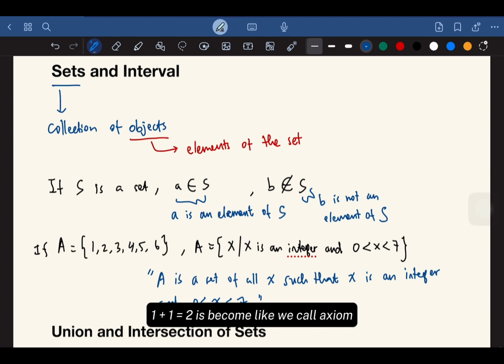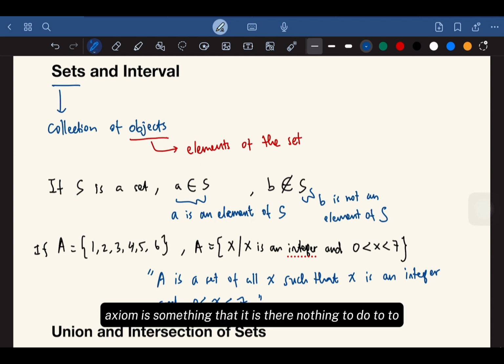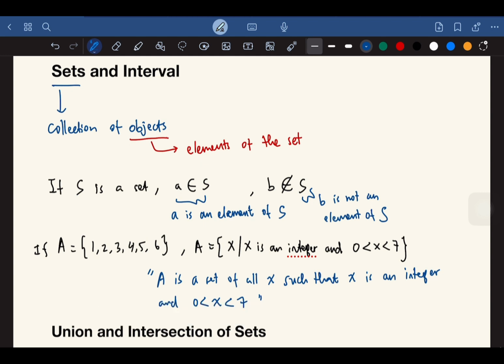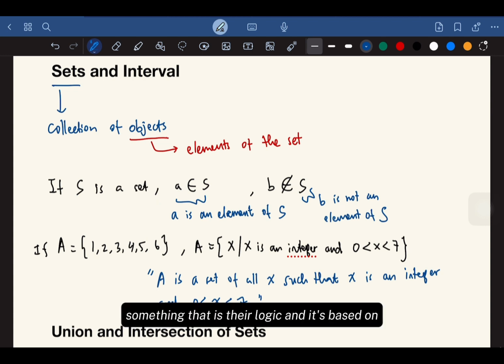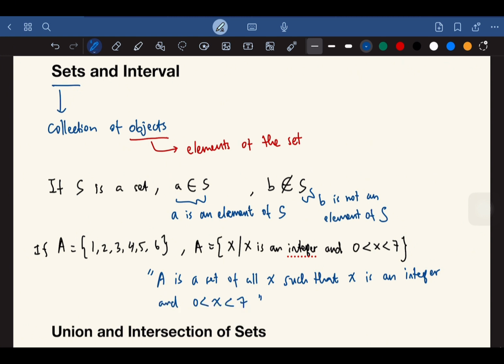We call that an axiom. An axiom is something that is there and needs no proof. It is based on fundamental logic, and we call it an axiom.